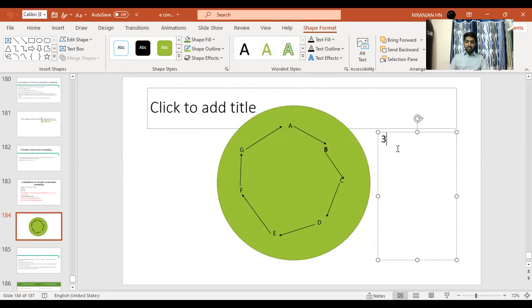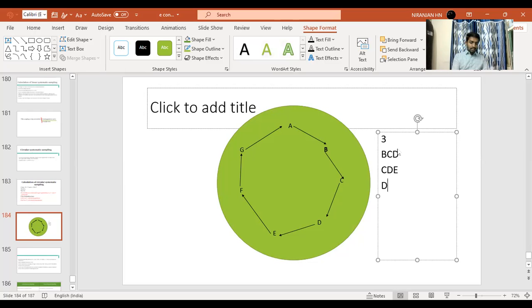If I choose every third individual, my outcome is going to be BCD, every third individual. Then next, I'll have CDE.